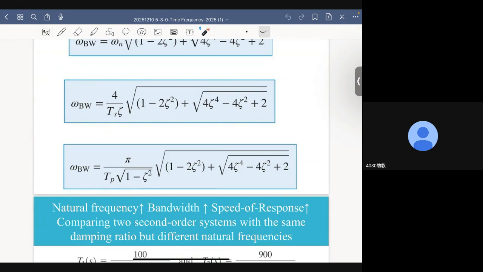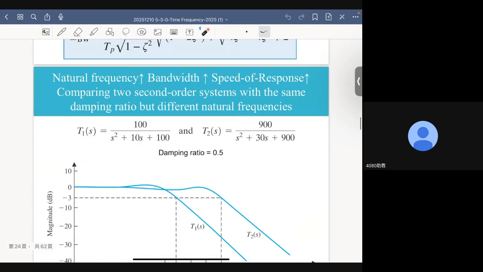That is, the larger the bandwidth, the smaller the settling time. Similarly, in this equality, it is also easy to see that the larger the bandwidth, the smaller the peak time. So these two results confirm the conclusion that higher bandwidth means faster speed of response. So when natural frequency goes up, bandwidth goes up, and speed of response goes up.